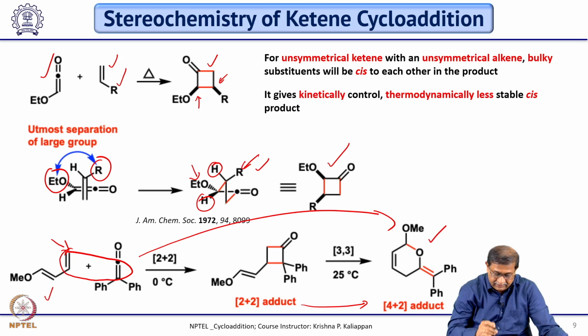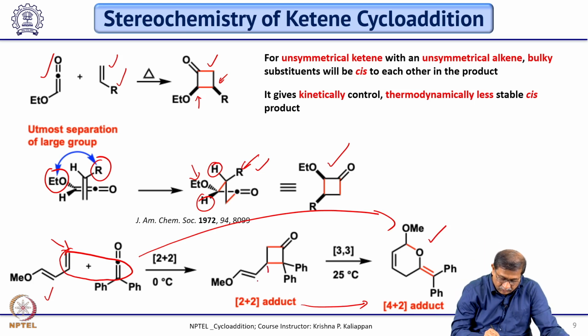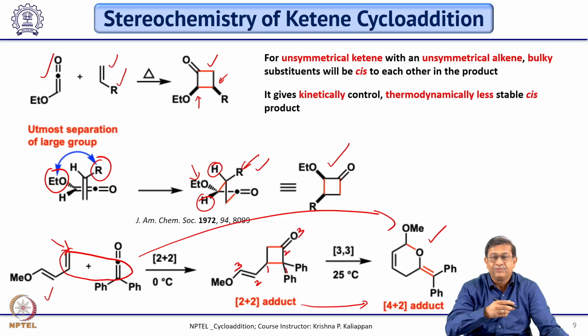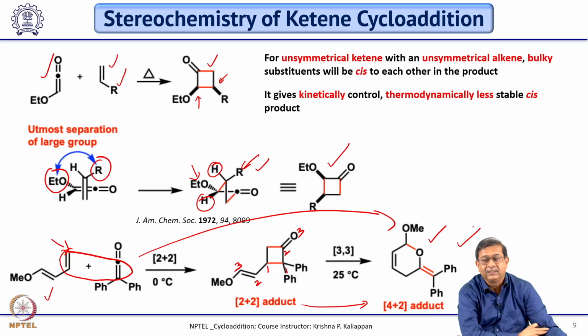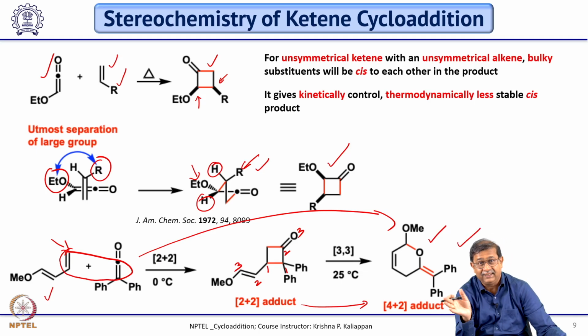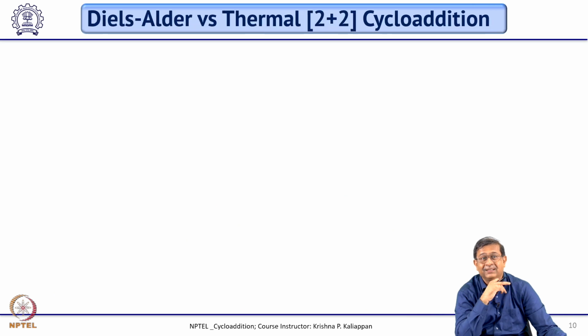If you want to write, you can see this is carbon number 1, this is carbon number 2, this is carbon number 3, and again you can see this is 1, 2, 3. Now, if you do the 3,3 sigmatropic rearrangement, what you get is the 4+2 adduct. So, this does not come directly as a 4+2 cycloadduct. It comes via a 2+2 cycloadduct followed by a 3,3 sigmatropic rearrangement.